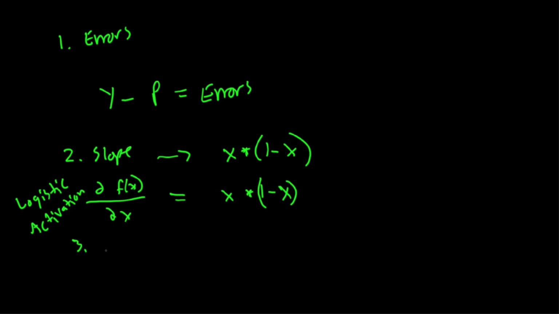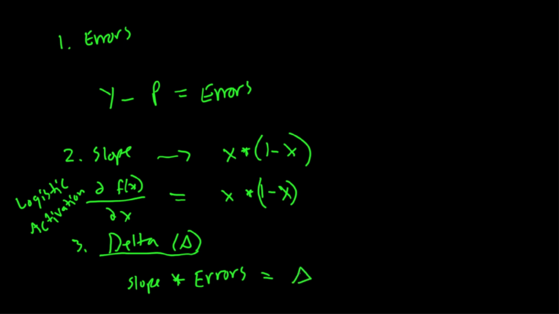Okay, so step 3 here is going to be calculating our delta. To calculate our delta, what we're going to do is just take the slope times our errors here. And this is just going to give us delta.